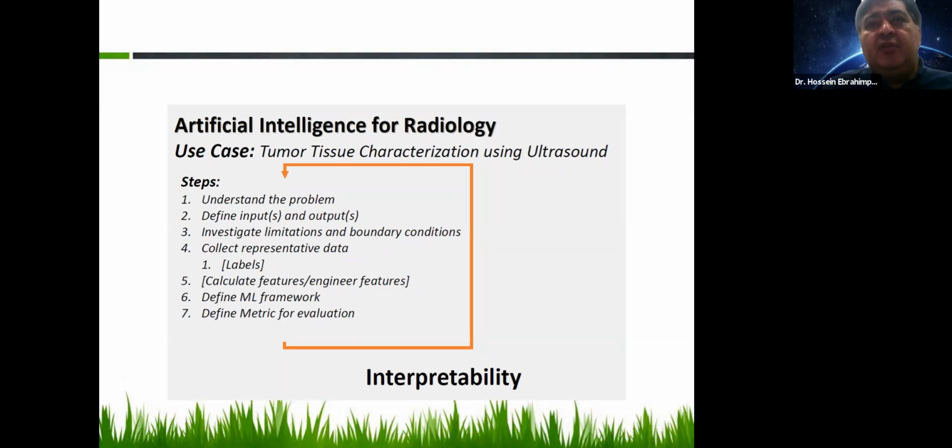For example, when you use an SVM, support vector machine, and the problem is non-linearly separable, they normally use a kernel method, which is the same as what I explained here. They increase the dimensionality of the space.